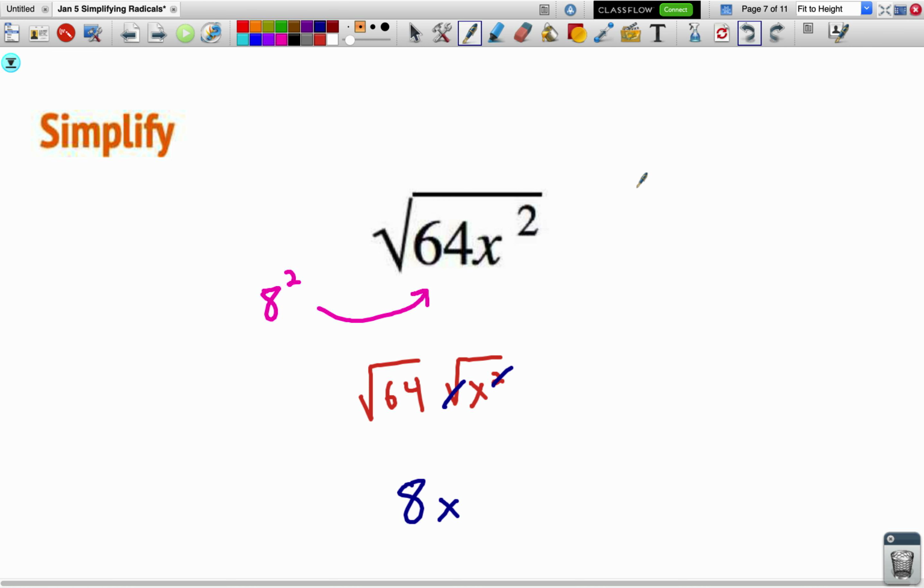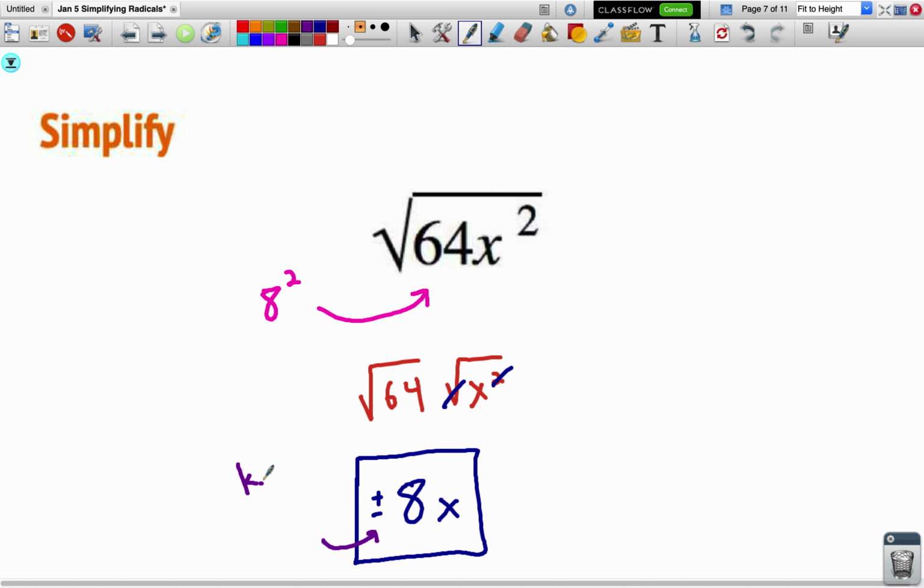Now here, maybe you do want to include the plus or minus, because now there's no square roots left in the final answer, so there's no square root left to encode the fact that this is positive or negative. So I don't know. Most of the time you'll actually see this left off in simplifications, but if we want to be the most technically correct, we need this here, especially if there's no square roots left.